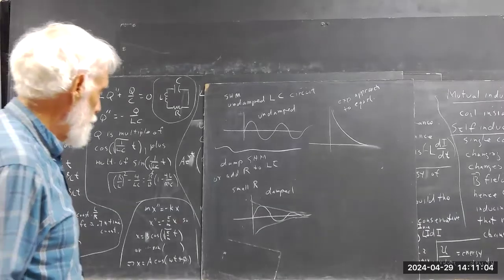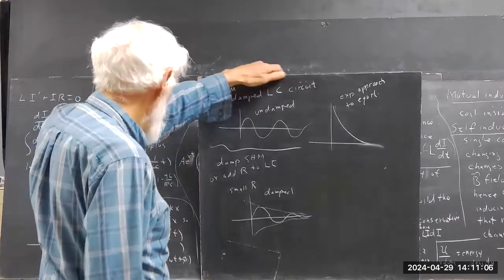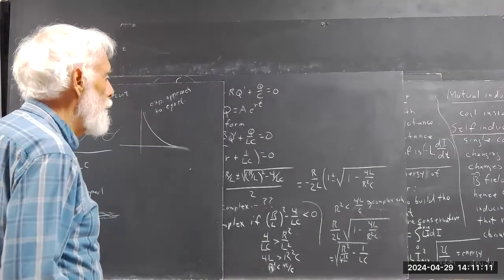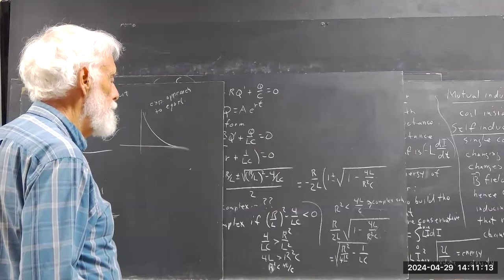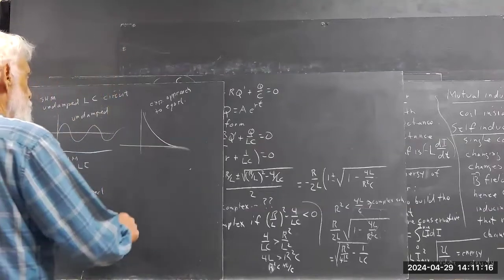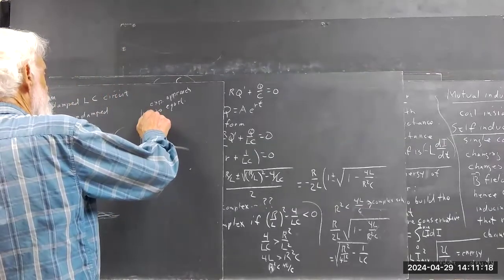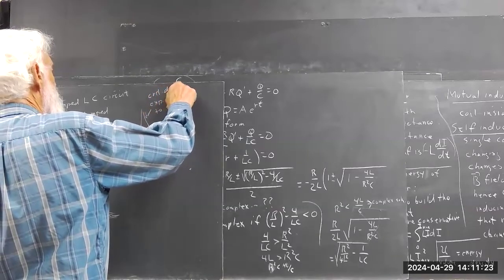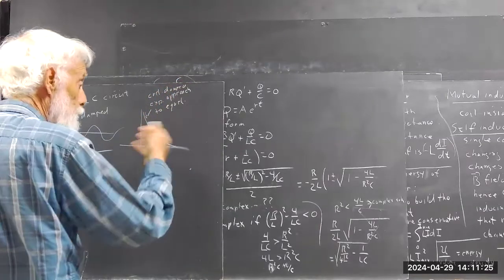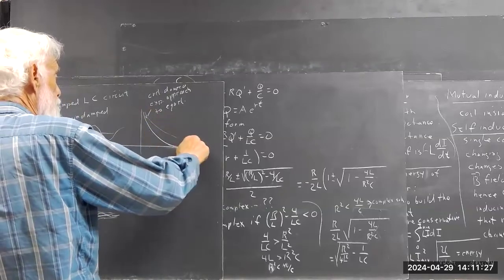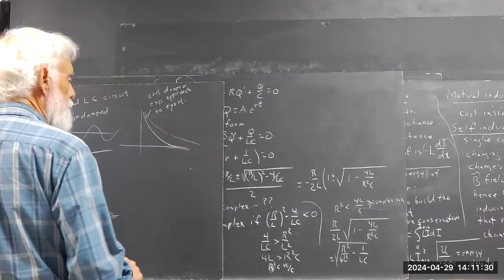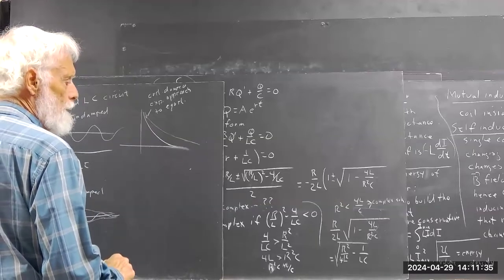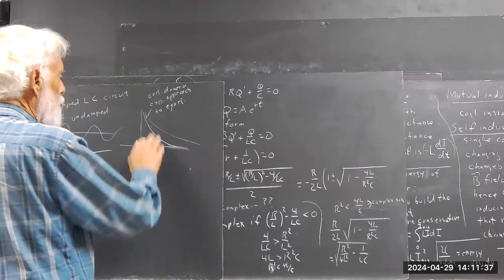Now I'm worried about that too, but I'm not going to worry about it right now. And then in the overdamped situation, you actually get the sum of two exponential functions, and it comes down and approaches equilibrium.